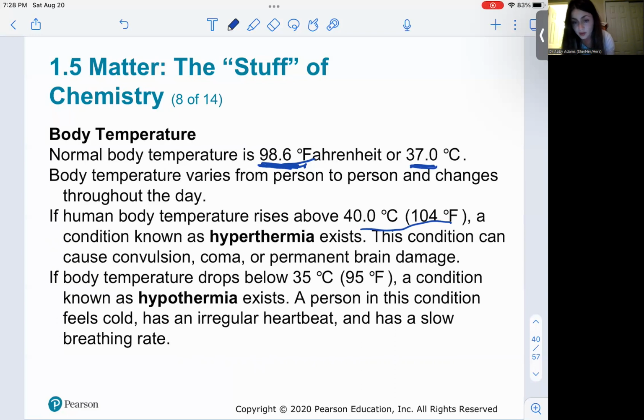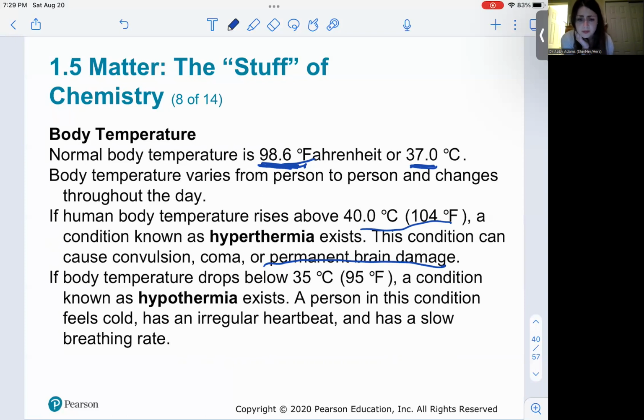Like heat, like fire. And they cause your temperature to be elevated, and you can have convulsions, double vision, coma, brain damage. That's why when somebody has hyperthermia, a fever, you have to get that person much cooler very quickly, like put them in an ice bath.